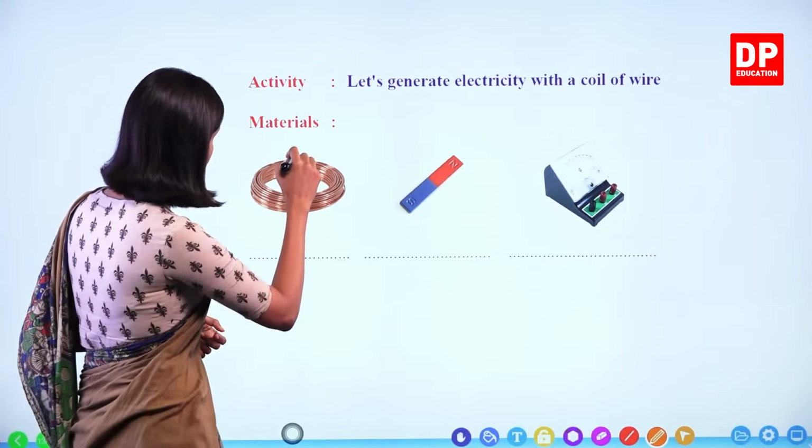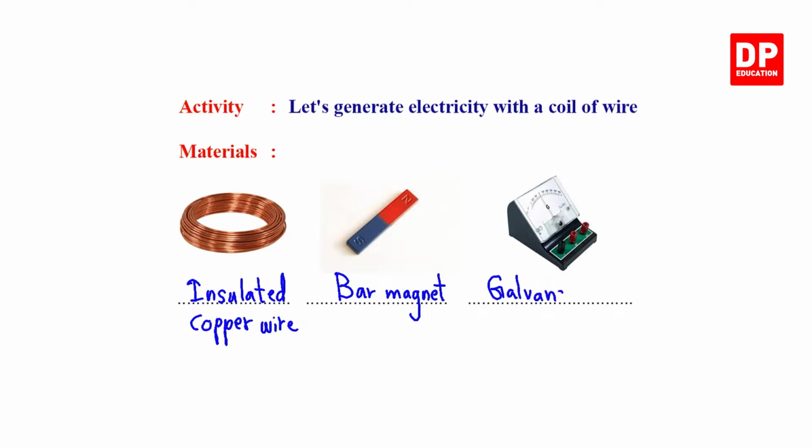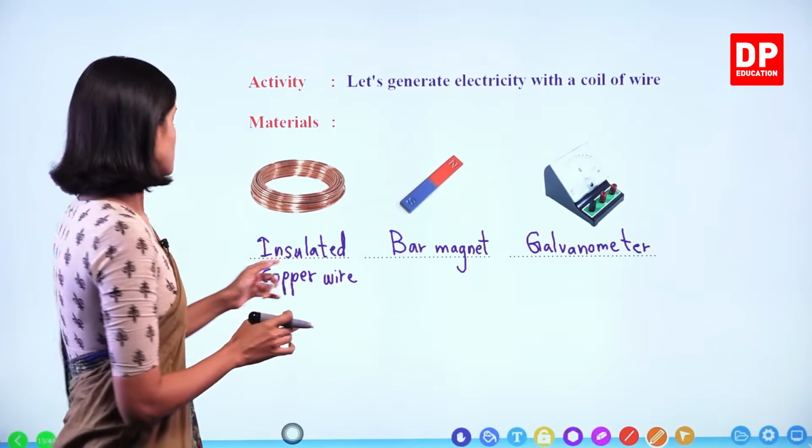Let's write: insulated copper wire, bar magnet, and we need a galvanometer. Right, children? Let's see how to do this.